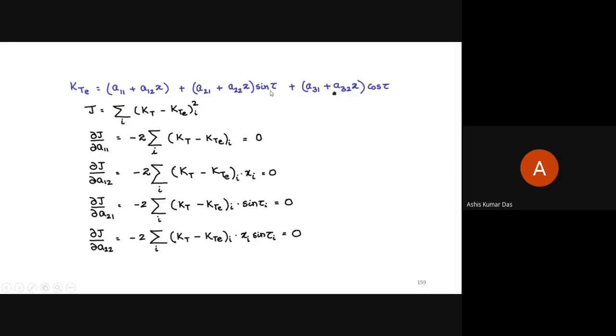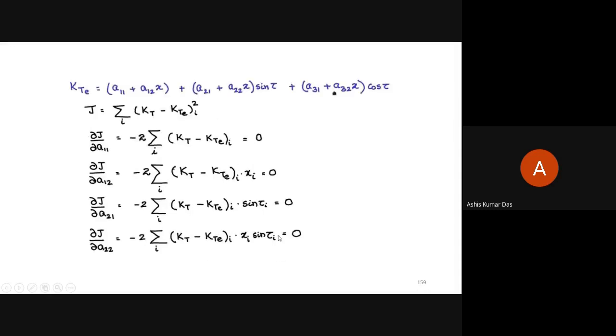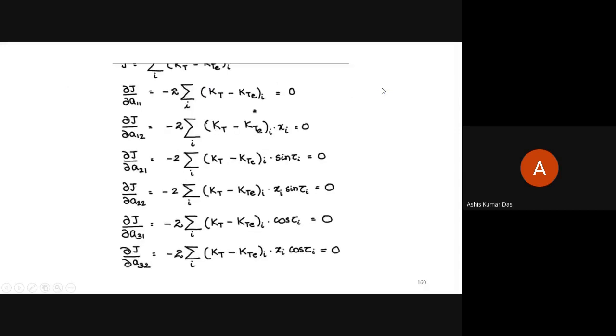For the third term we have sin tau y. The fourth term is xi sin tau y. For the next we get cos tau y, and for the last case xi cos tau y. So we get six equations, and we make each individual equation equal to 0.